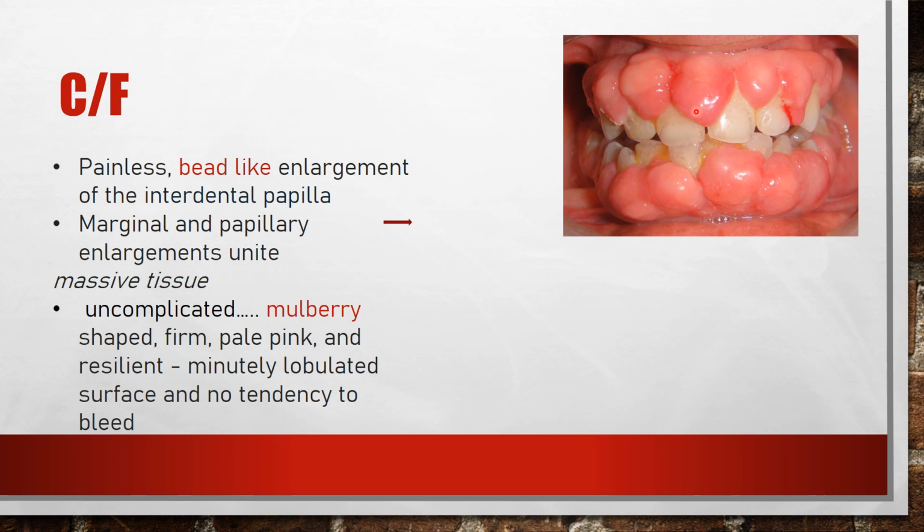If it is uncomplicated, it leads to a mulberry-shaped, firm, pale pink and resilient enlargement with a minutely lobulated surface and no tendency to bleed. You can see the bead-like and mulberry-shaped forms in this clinical diagram. When both the marginal and papillary enlargements unite, it leads to the mulberry shape, otherwise it will be bead-like papillary enlargement.